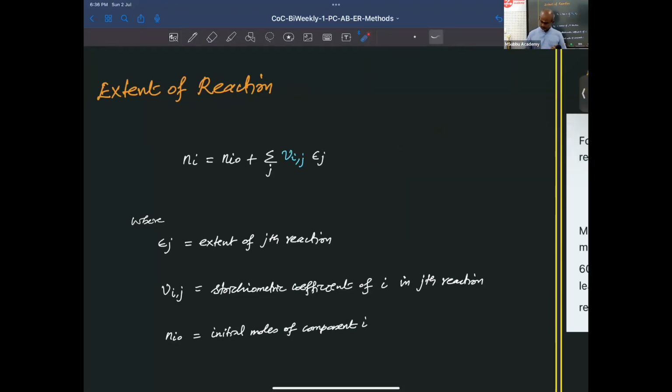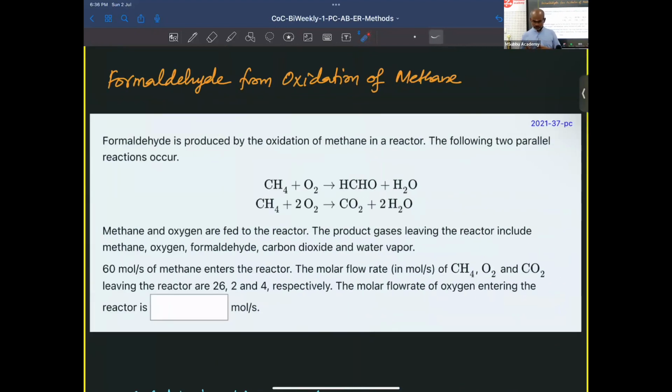Let us see these two methods with reference to the example of formaldehyde from oxidation of methane. I am taking this example from GATE 2021, which is a 2-mark question in our chemical engineering GATE questions. This is the problem statement: formaldehyde is produced by the oxidation of methane in a reactor.